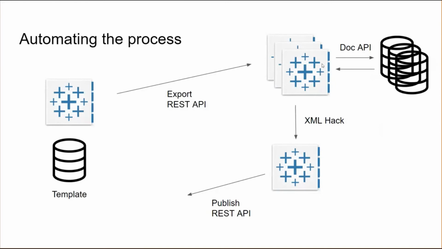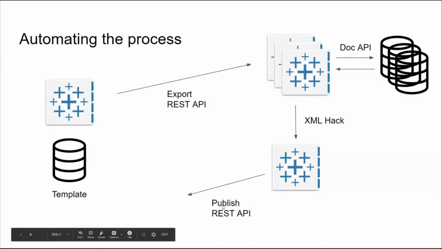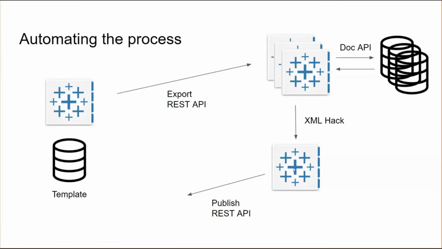However, what we tend to find a lot of our customers do is they go a little bit further than the Document API, actually manipulate and massage that XML schema inside Tableau themselves using Python, using whatever text technology they want to, because ultimately it's just human readable text that's getting manipulated for these labels. And then again, they can use the REST API to publish however many different workbooks you happen to have generated back to the server, to share them out.